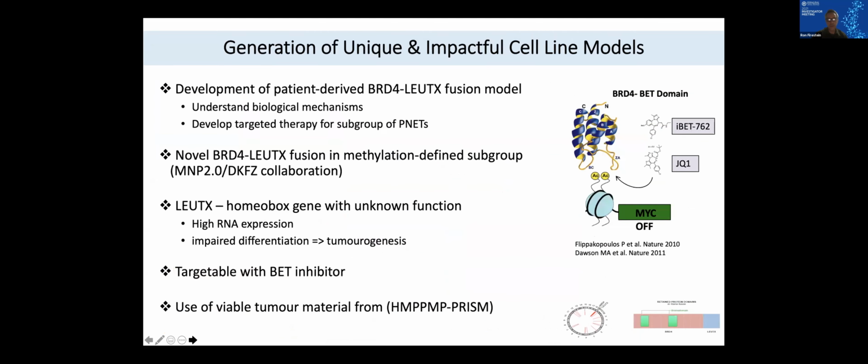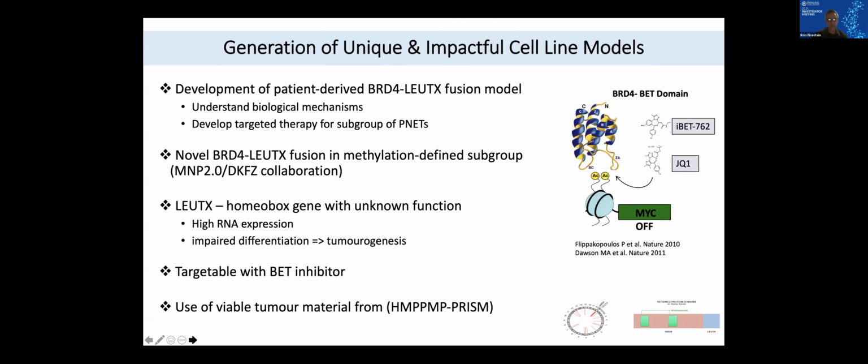At the ground level, we've already had a few successes that illustrate the importance of generating these models. Most recently, we've developed a novel model for a rare form of pediatric glioma that harbors a fusion just very recently identified by our group and others, which encodes a fusion of the BRD4 and LUTX lineage transcription factor.